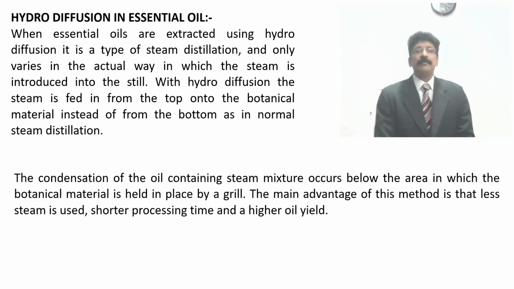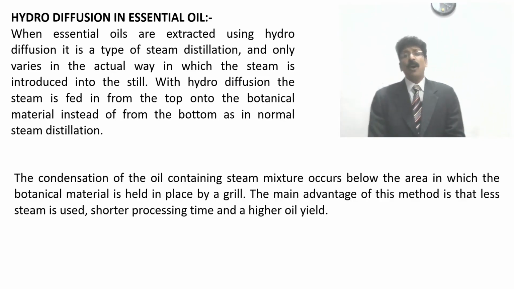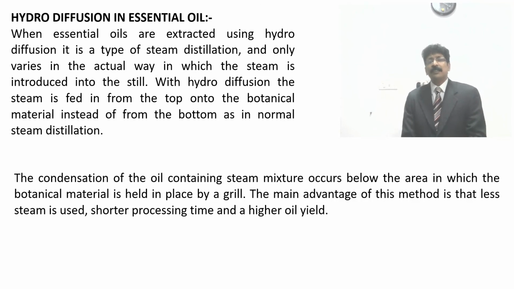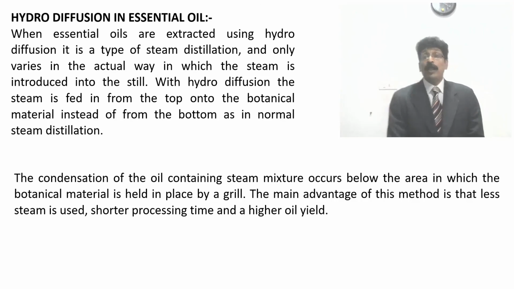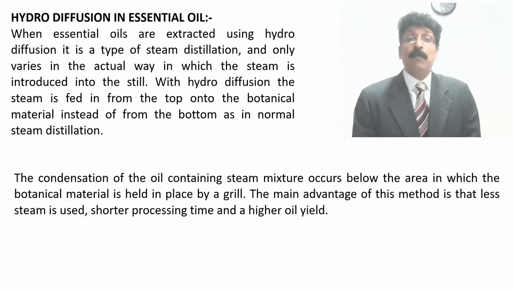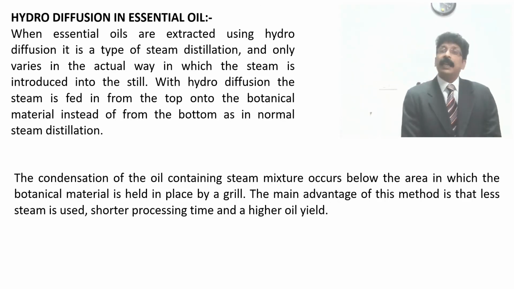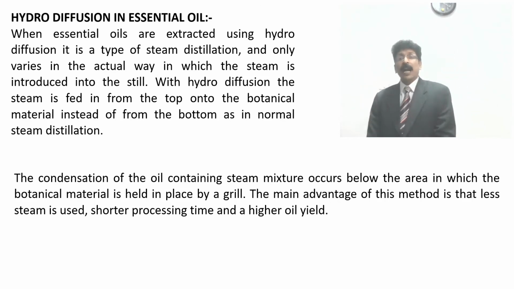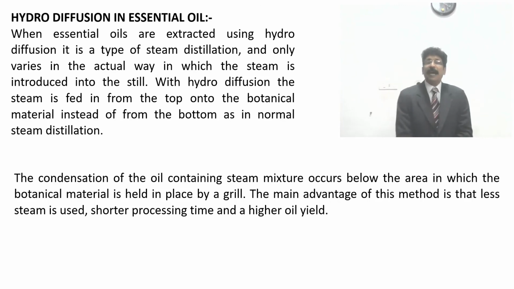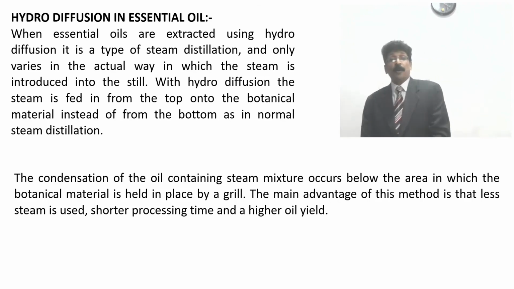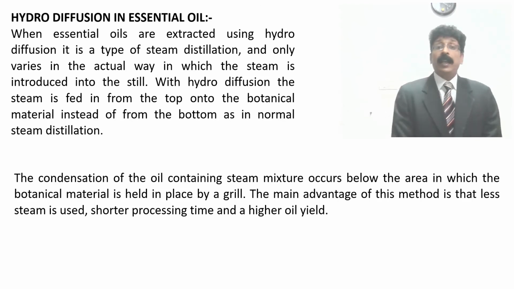The condensation of the oil-containing steam mixture occurs below the area in which the botanical material is held in place by a grill. The main advantages of this method are that less steam is used, shorter processing time, and a higher oil yield.